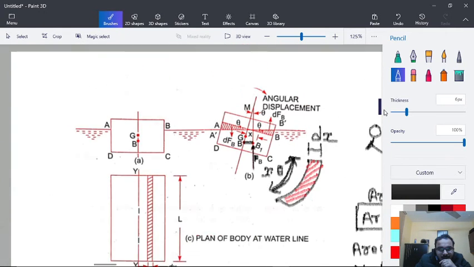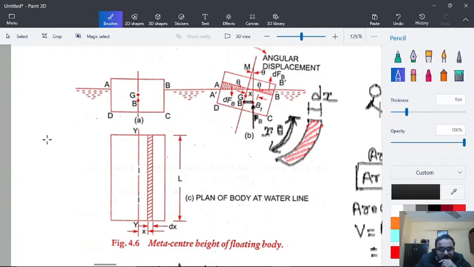Now if you see here, if we take M, here we are having B, and here we are having B1. So this is the angle theta.